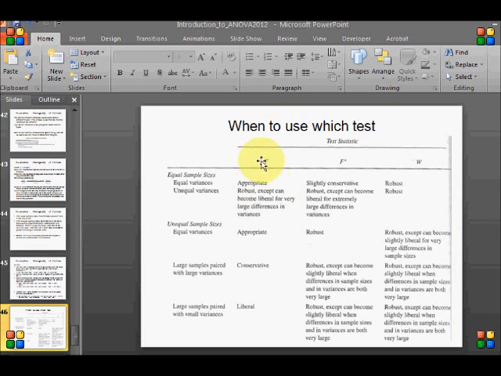So in this case, right, here's my F, my traditional ANOVA. Equal sample sizes. I have equal variances and unequal variances. For equal variances, I have an appropriate way to go. Unequal variances, it's robust, except I can inflate my type 1 error when the differences in variances are really large.